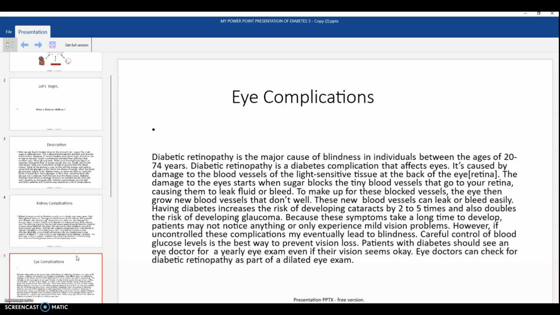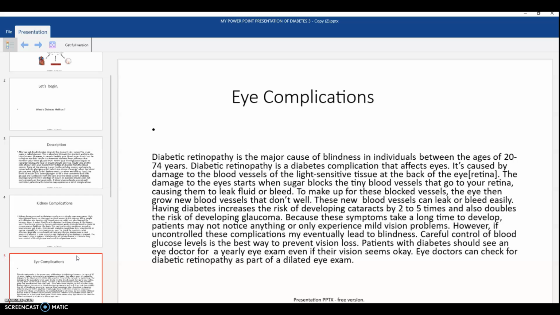So this blindness occurs because of diabetic retinopathy, which is a complication that affects our eyes, and it's caused by damage to blood vessels or very sensitive tissues at the back of our eye, or retina.